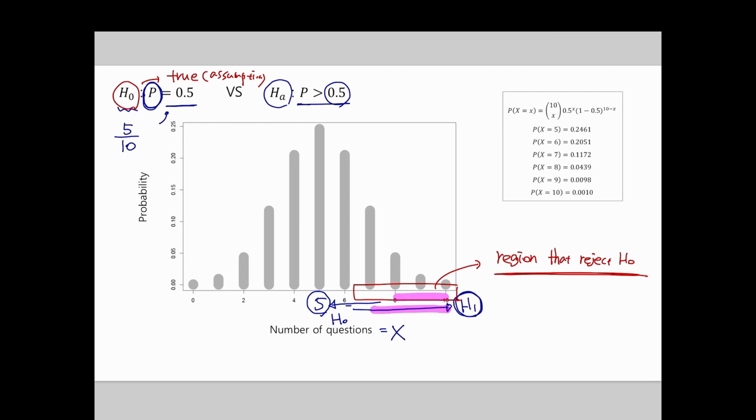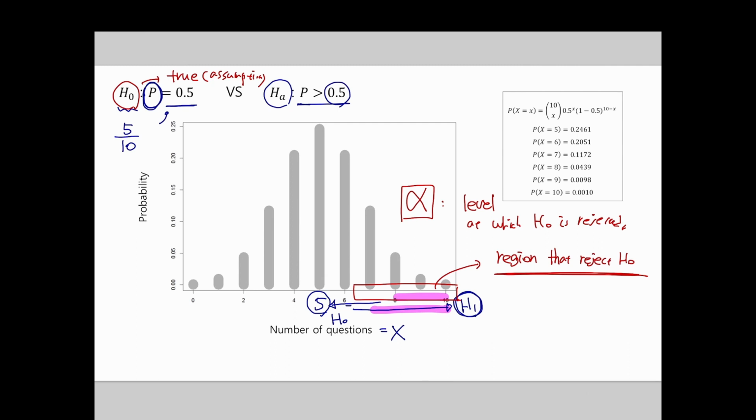Okay, so you know the significance level, alpha, means the level at which H0 is rejected.